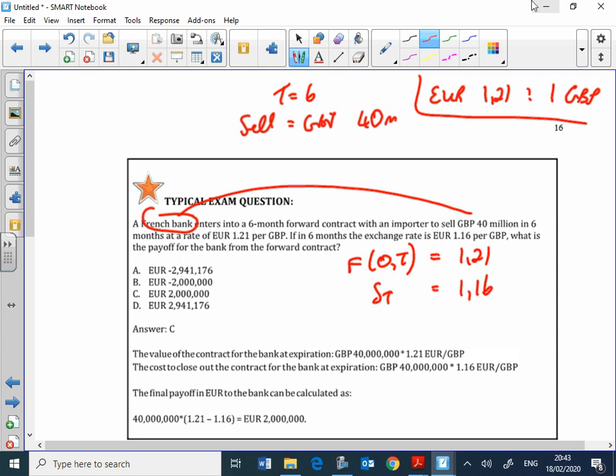Now, let's go straight away, guys. I want thought. Don't give me answers yet. Tell me something on that. First of all, has the GBP gotten stronger or weaker? Weaker. You happy with that? Because remember, it's gone from 121 to 116.